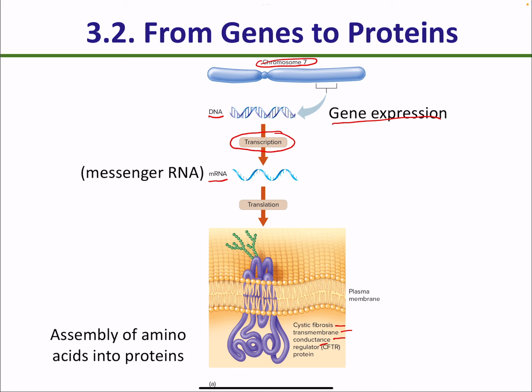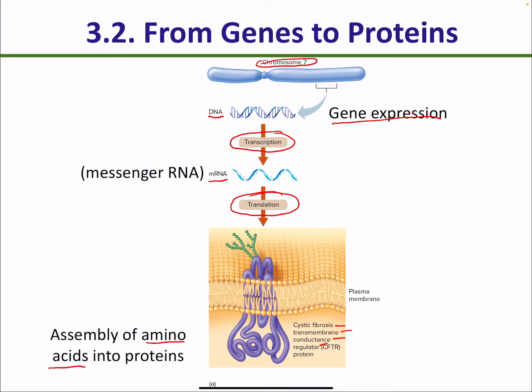We call it messenger RNA because that RNA carries the information necessary for the production of the protein. So the messenger RNA, through a process that we call translation, is going to cause the production of a sequence of amino acids. That sequence of amino acids is the protein.